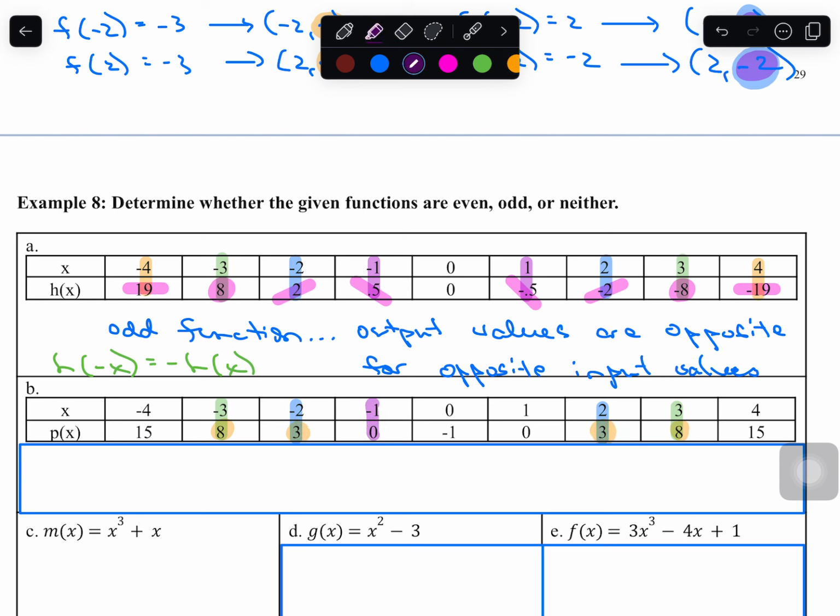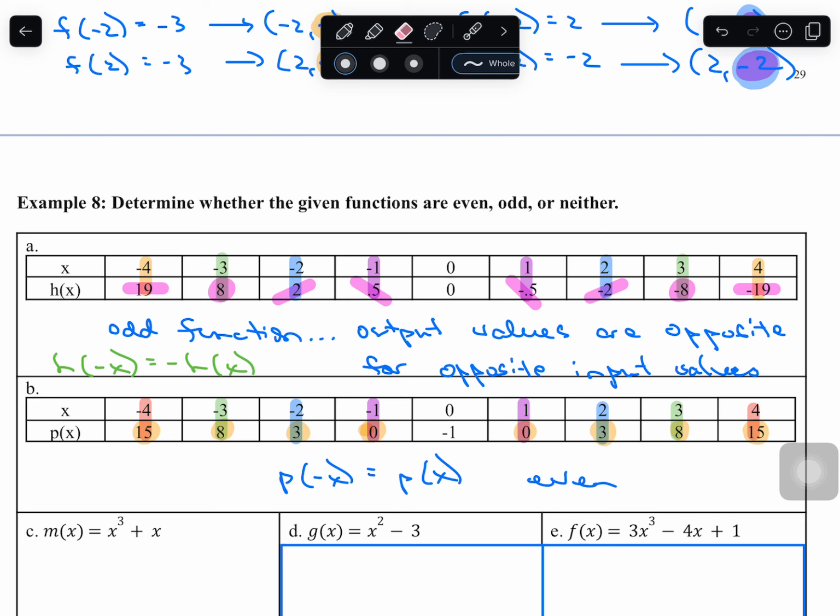Let's try -1 and 1. They are also the same. And let's just try one last one. Let's try -4 and 4. All the same, perfect output values, and 0 can't have the opposite input value. So I would definitely say that this is an even function.